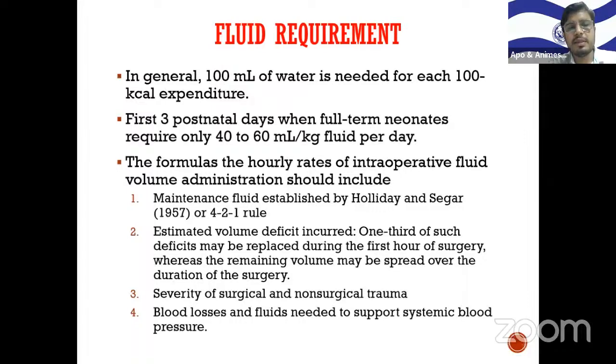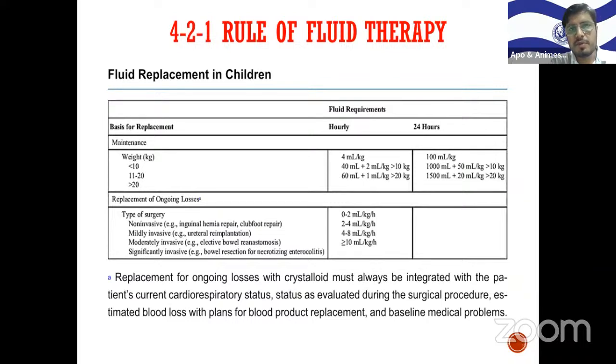The ongoing blood losses or fluid losses need to be replaced appropriately with crystalloid, or in severe cases with blood also. So this is the 4-2-1 rule of fluid therapy. We can see here, the first 10 kg of weight will take 4 ml per kg, the next 10 kg 2 ml per kg, and the rest 1 ml per kg.